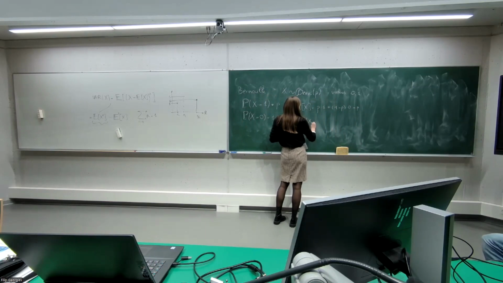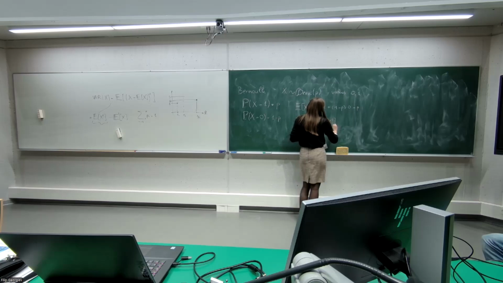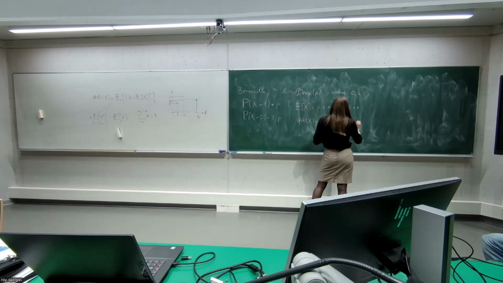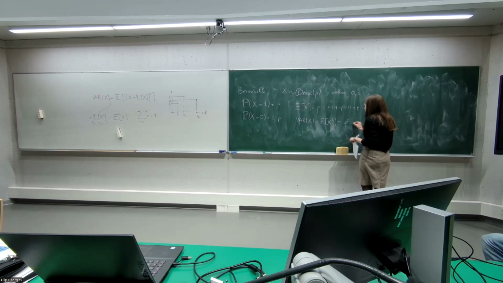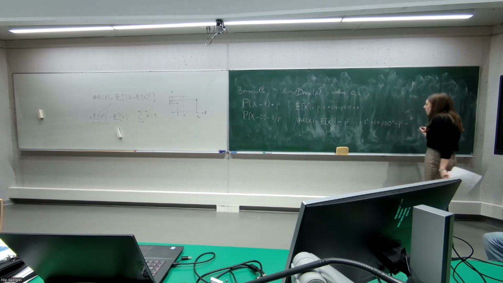The variance of X is equal to the second moment minus the average squared. The second moment is equal to what? I do p times 1 squared plus 1 minus p times 0 squared, and then I do minus p squared. So it's p times (1 minus p).